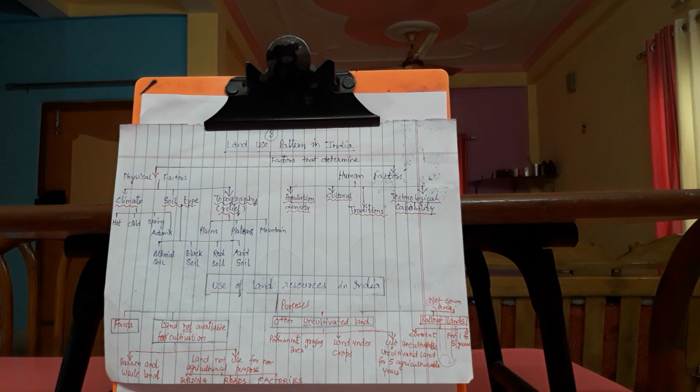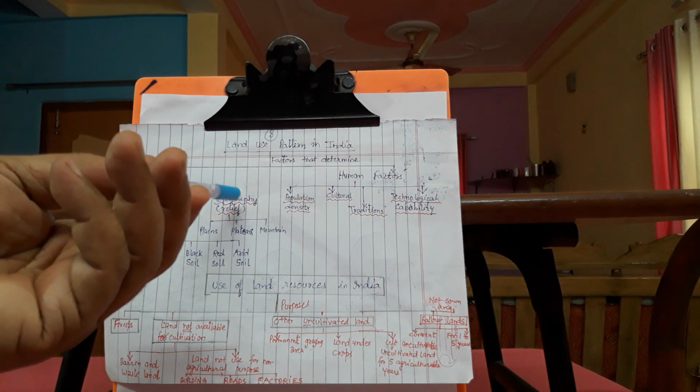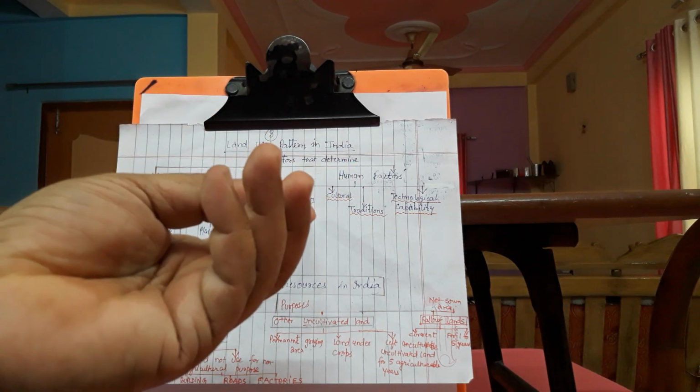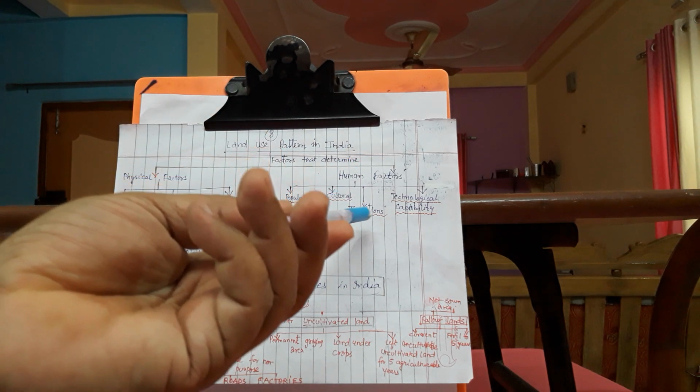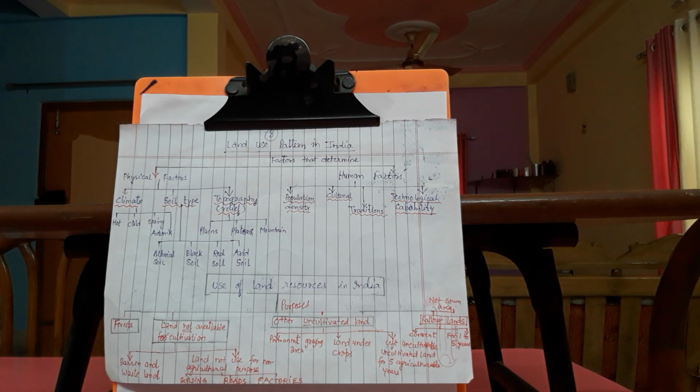In the physical factors, three are coming: climate, soil type, and topography. And in the human factors: population density, culture, tradition, and technological capability.